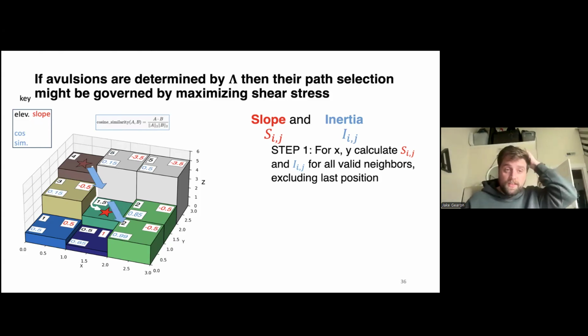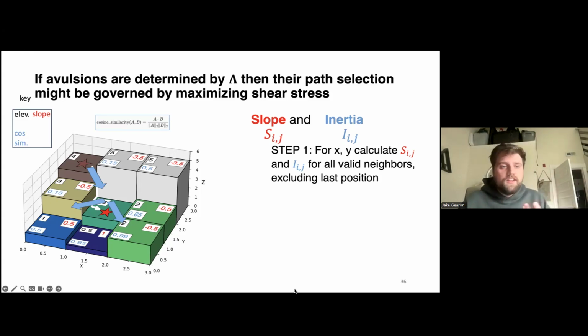So, for example, if we kept the same azimuth, if we kept following the same direction as we did in the last time step, well, then the cosine similarity value is close to 1. And that's because these vectors are just aligned with each other. But if the river goes perpendicular to that last direction, then those vectors are orthogonal and you get a value of 0.5.